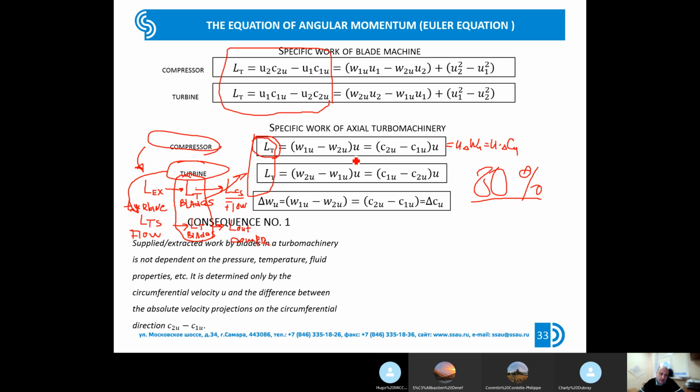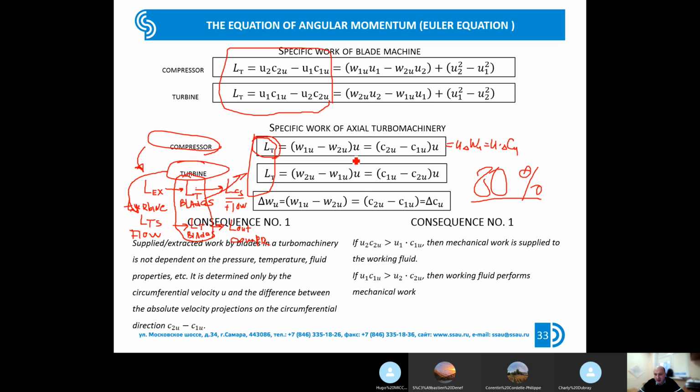The second conclusion is a little bit strange. It's really a little bit strange. From the first position, it's not very clear how to use it. For example, you have a black box, and you know that some turbomachinery is located inside this black box, but you don't know which kind of turbomachinery is inside.